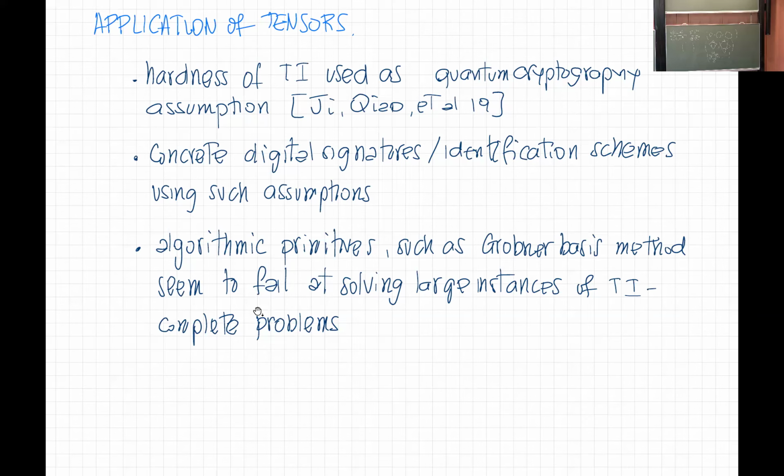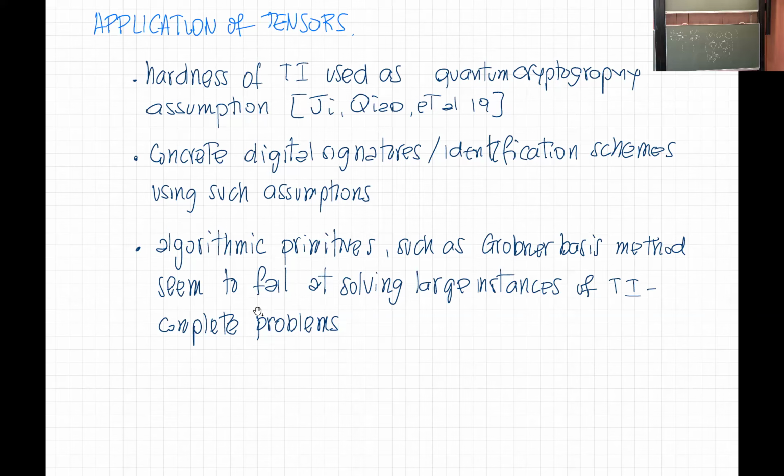At the moment, we already know some concrete examples of digital signatures and identification schemes that use such assumptions based on tensor isomorphism. It happens that, we don't know precisely, algorithmic primitives based on the Gröbner basis method seem to fail at solving large instances of tensor isomorphism complete problems.